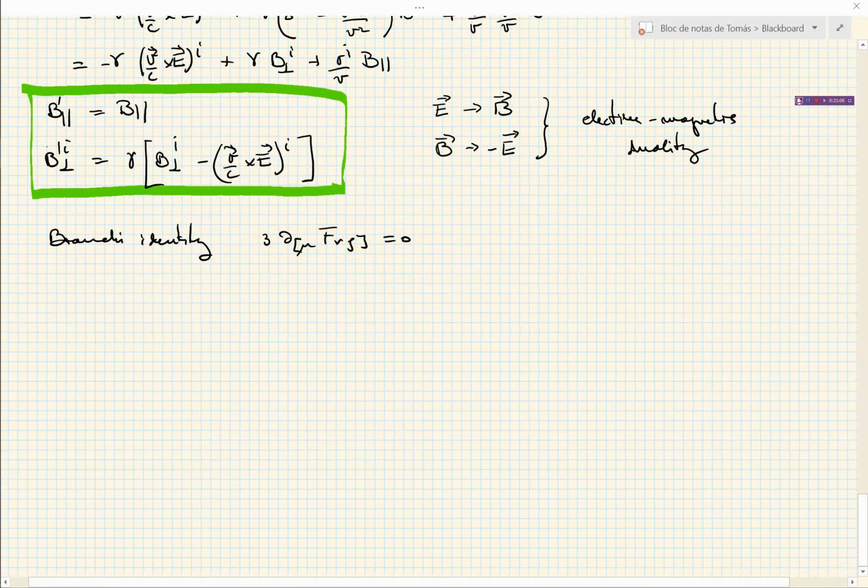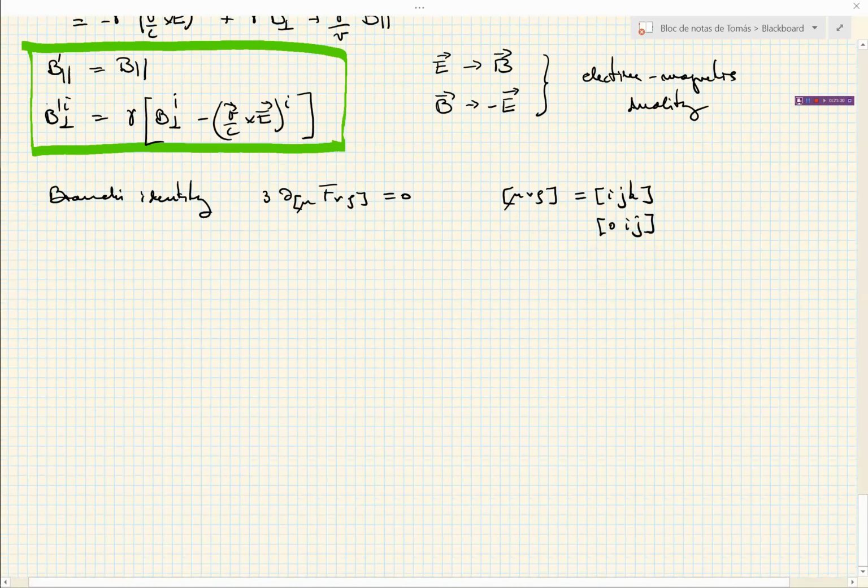Also, if I have these three antisymmetrized indices mu nu rho, they can be either three spatial indices i, j, k. They can also be 0, i, j, so one time-like and two space-like indices, but nothing else.